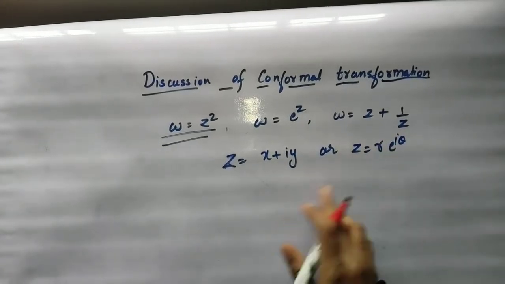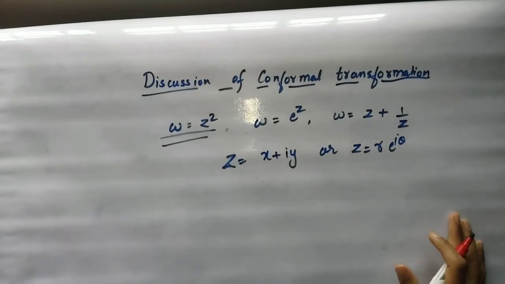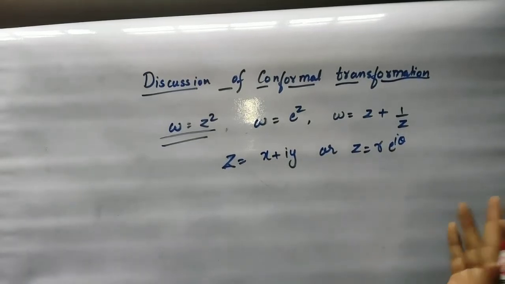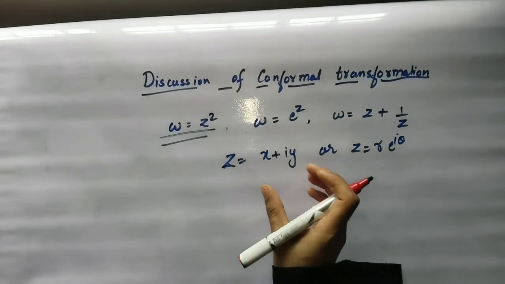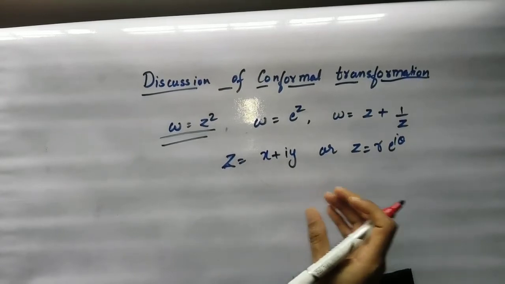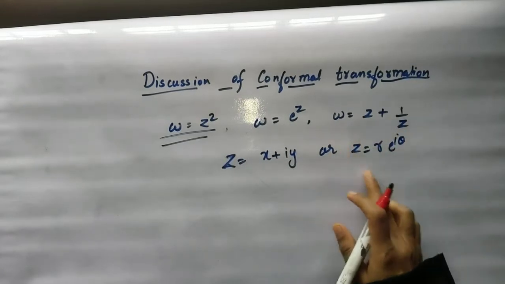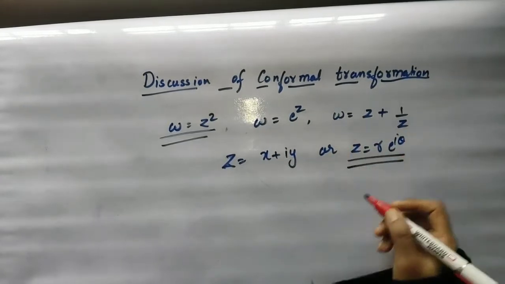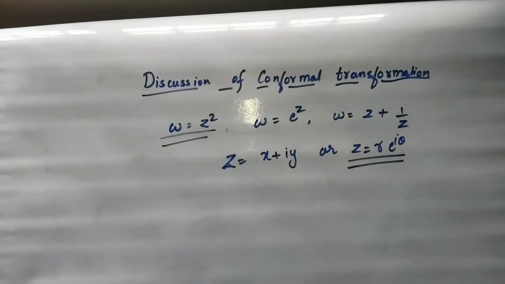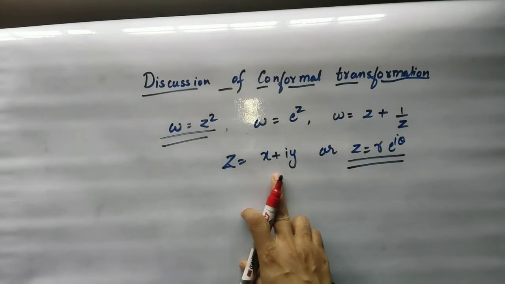Either of the two, as per the required condition, we will substitute. Mostly the substitution z is equal to r into e to power i theta we will do in the case of circles, and most of the time we'll be using z is equal to x plus iy.